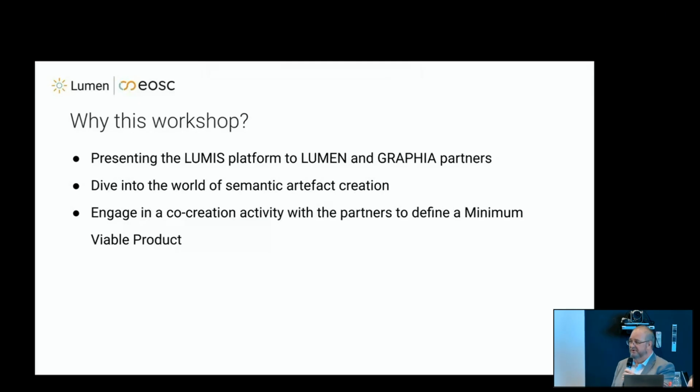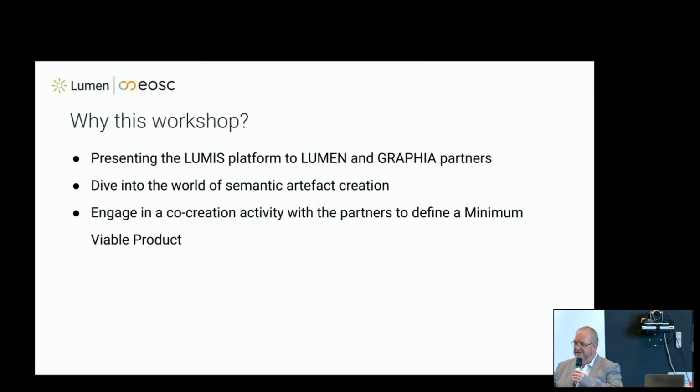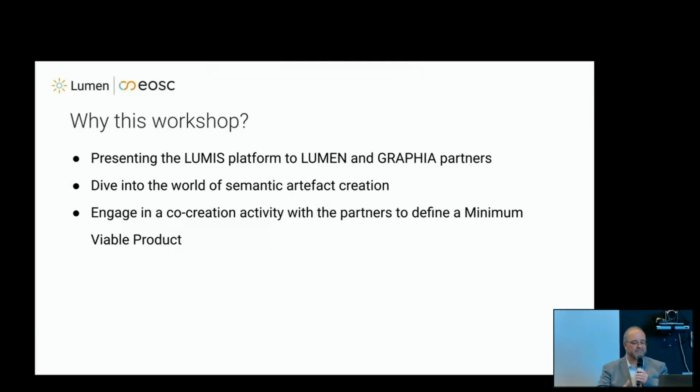And what we want to do is, we're still in the design phase of LUMIS. We started discussing implementation with Julien on the task 2.2. So we have already the plan and everything, but we still need to decide on what are the key functionalities we want to have in the first version of that platform.